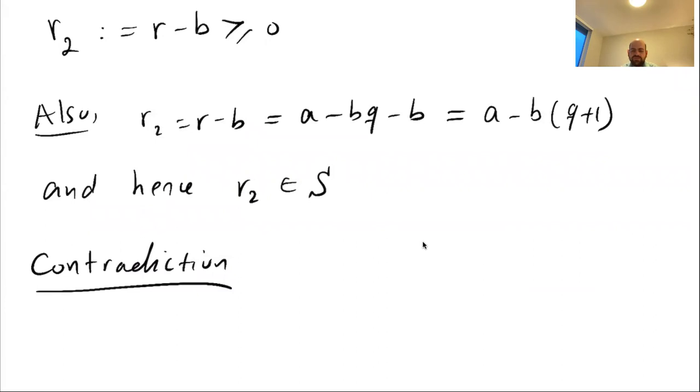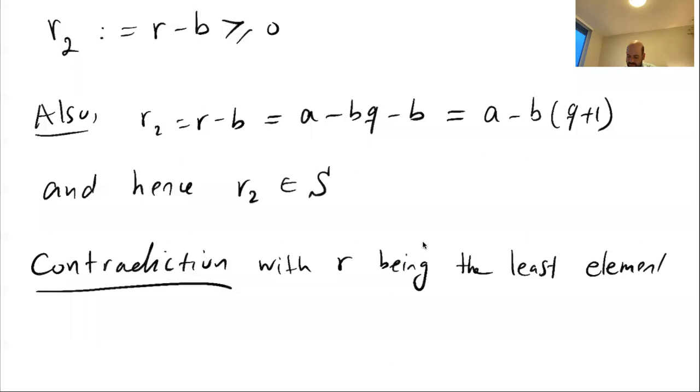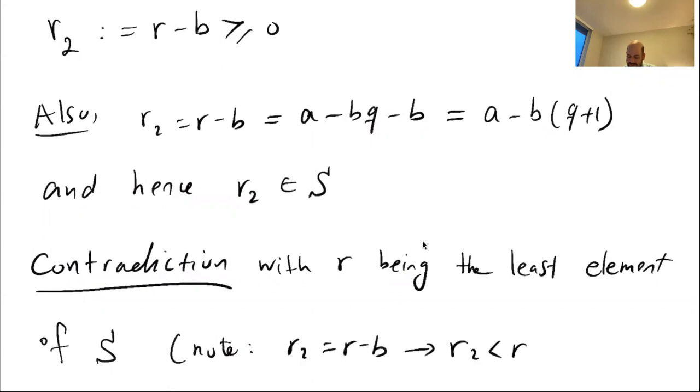That's not possible. If R is the least element of S, nothing less than R is allowed to belong to S. So we have a contradiction with R being the least element of S. Note R2 is R minus B, so that means R2 is less than R.